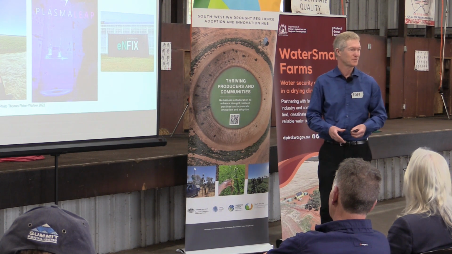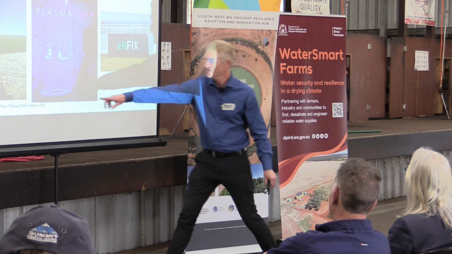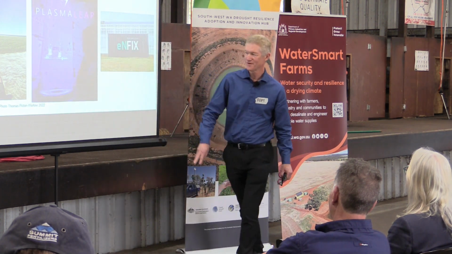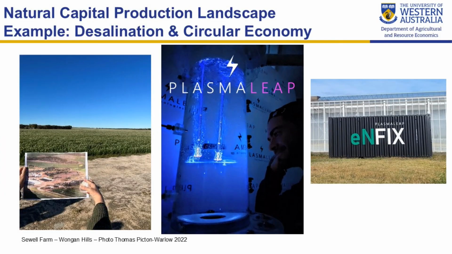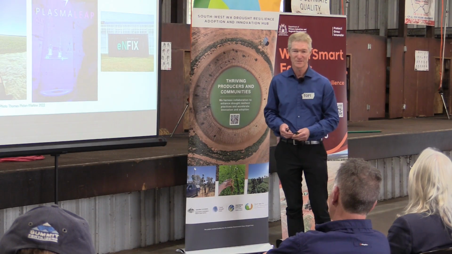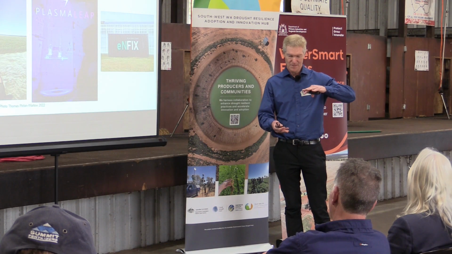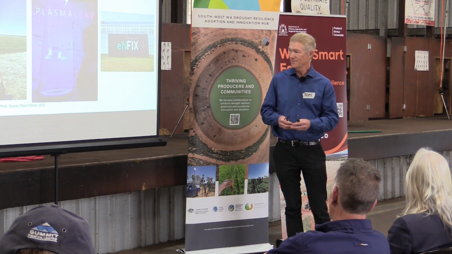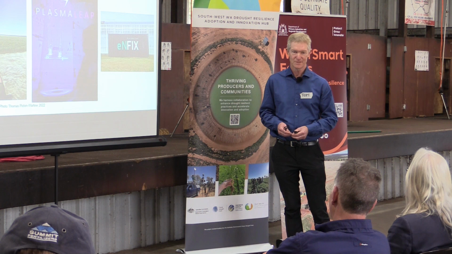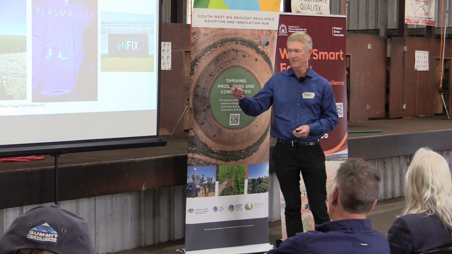Richard will talk more about this one, which is a farm that I visited a couple of years ago at Wongan Hills, and this farmer had managed to reclaim, I think, about 70 hectares, or quite a 30 hectares. Yeah, 30 hectares of land, which is considerable, by literally putting in a desal plant, dropping the water table, and enabling the salinity to be reduced, and in the process being able to recrop.